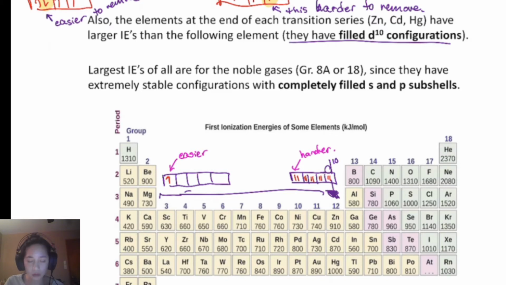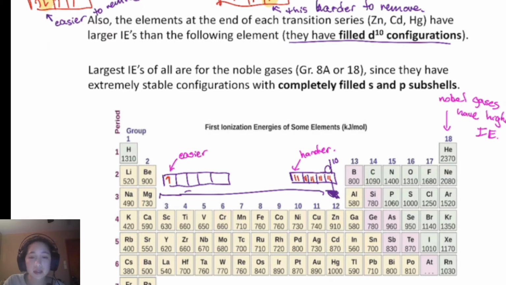And then finally, if you look at the whole series, the largest ionization energies for any given period are going to be in the noble gases. Noble gases have the highest ionization energy. That makes sense. We always talk about noble gases, they don't react, right? And the reasoning is because it takes a lot of energy to remove electrons.